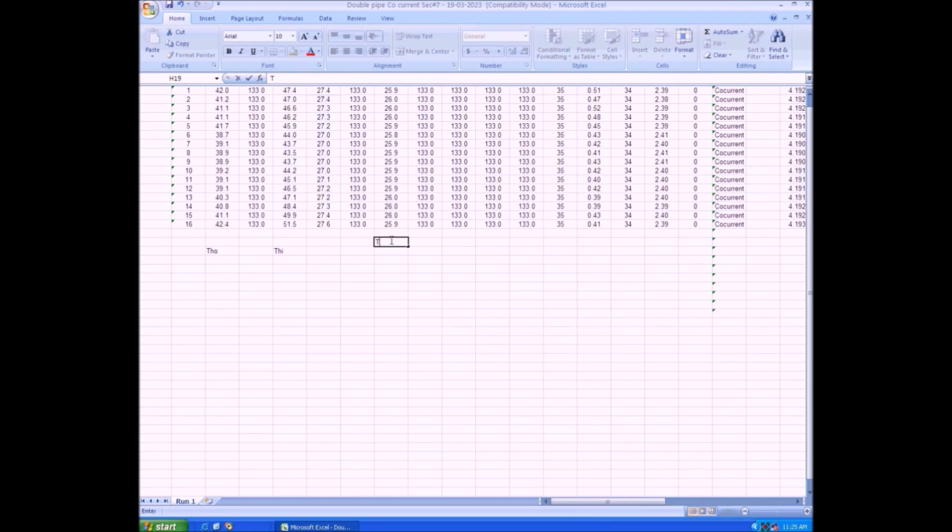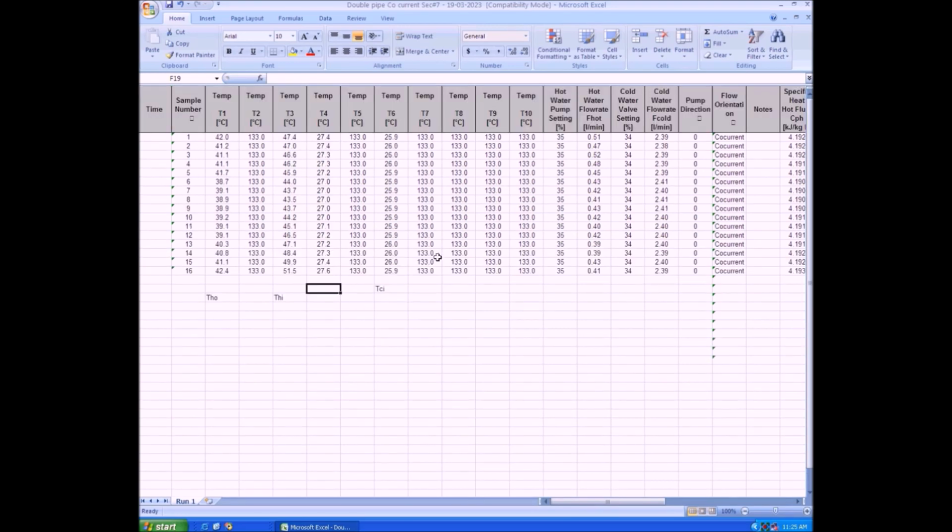This is TCI, and this is TCO. These 6 readings we need to record in the observation table.